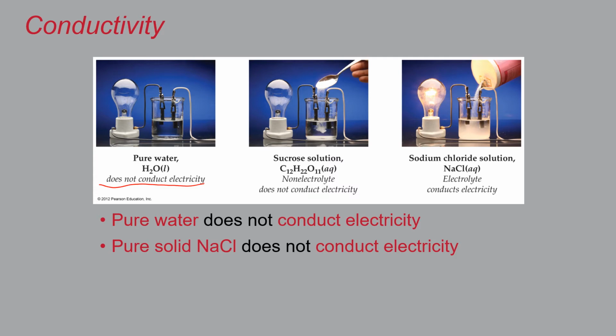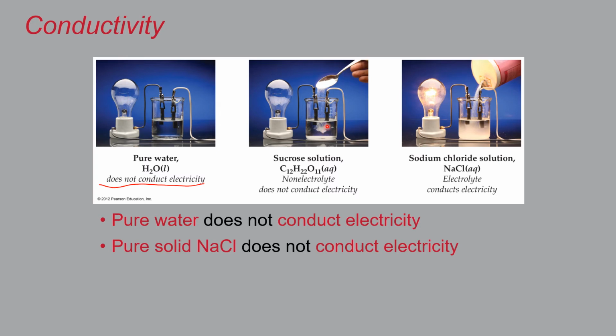So you could fill a beaker with solid sodium chloride, and the circuit here, the way that it works, you've got these electrodes that are in the solution. If the solution is not conductive, you've got an open circuit, and the light bulb doesn't turn on.